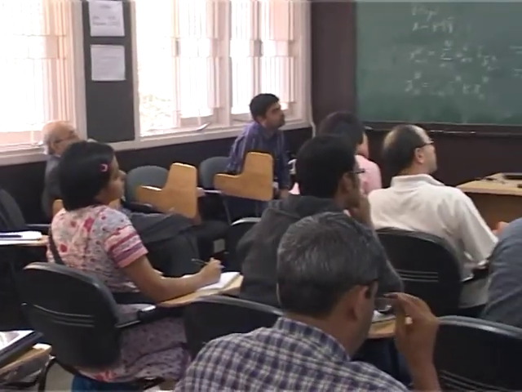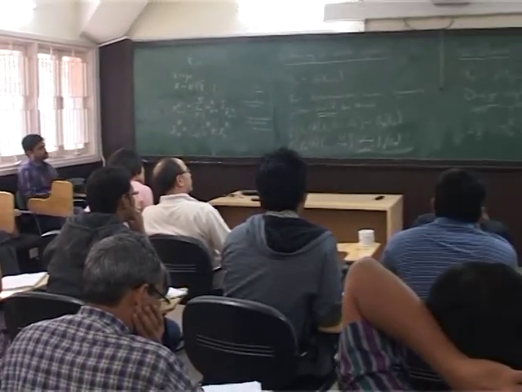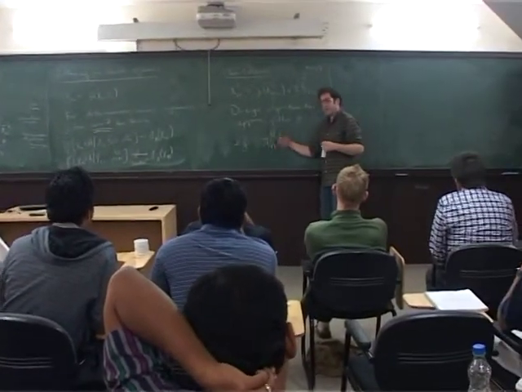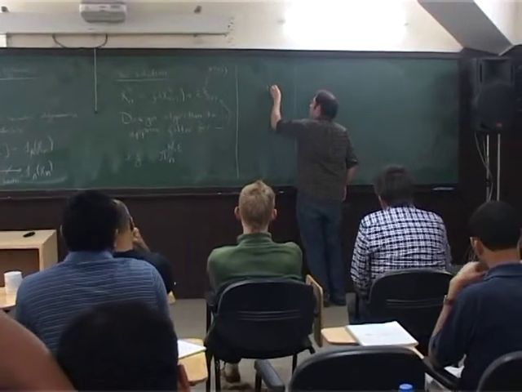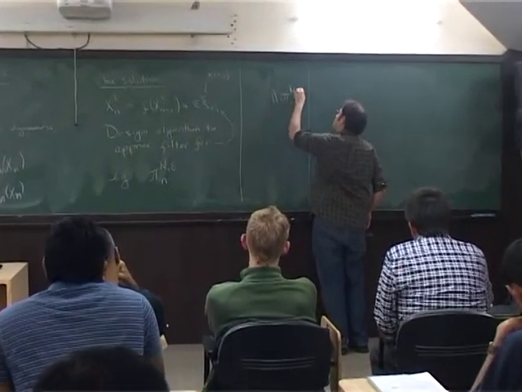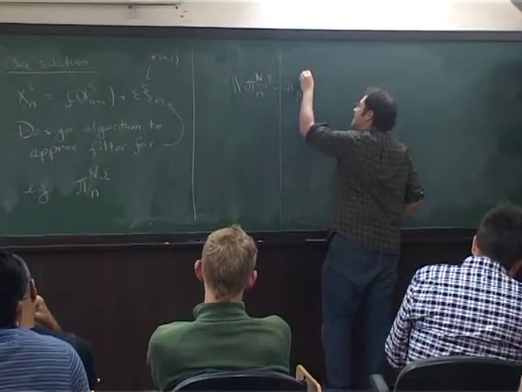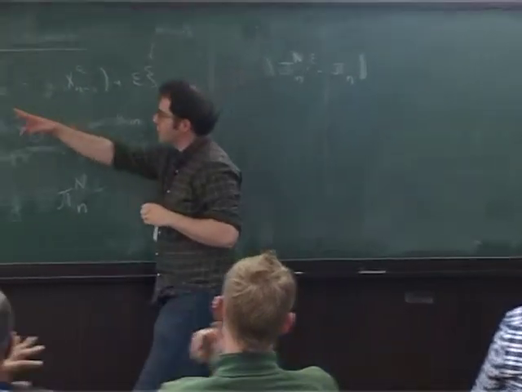Now the question is to understand it from a theoretical perspective, okay? So here is a very concrete problem. How should we expect the error of this thing to behave? If we look at the error, pi_n is the true filter for this model.